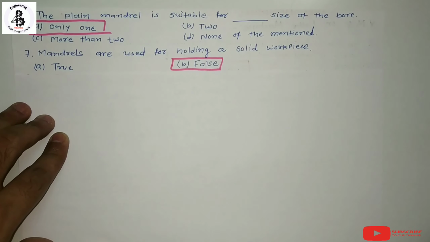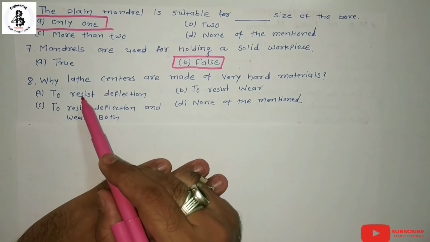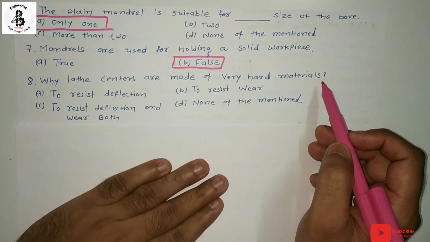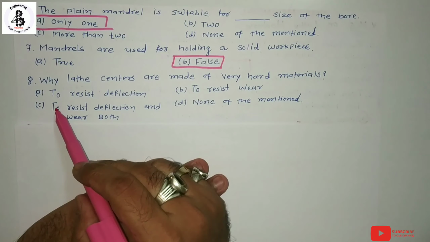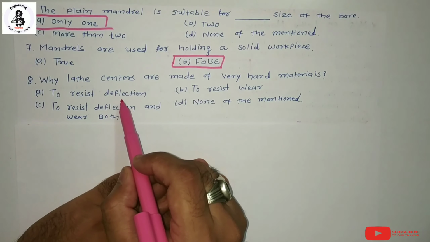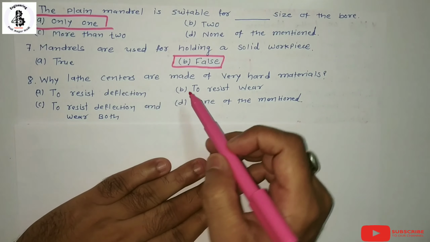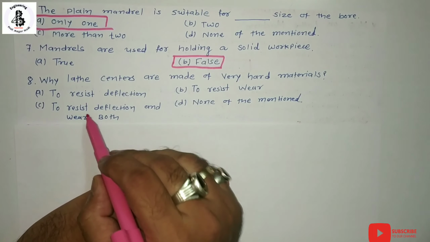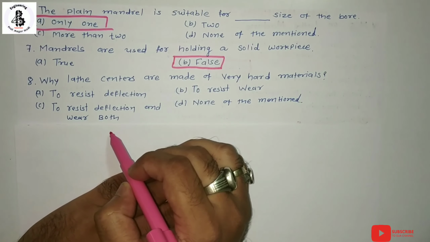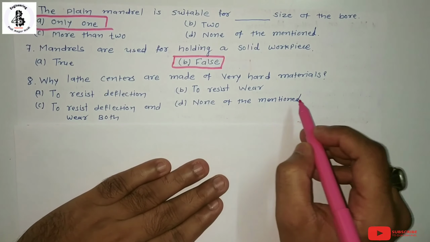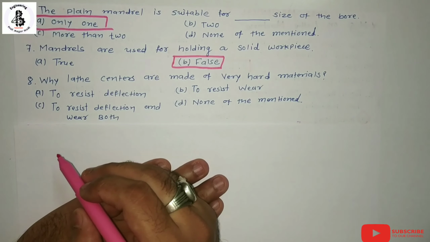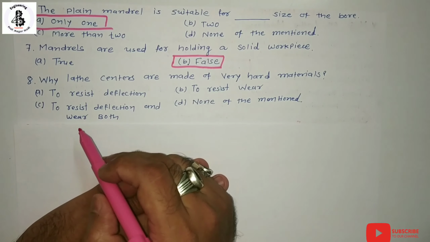Then next question. Why are lathe centers made of very hard materials? Option A, to resist deflections; B, to resist wear; C, to resist deflection and wear both; and D, none of the mentioned. This is a required characteristic of lathe centers.